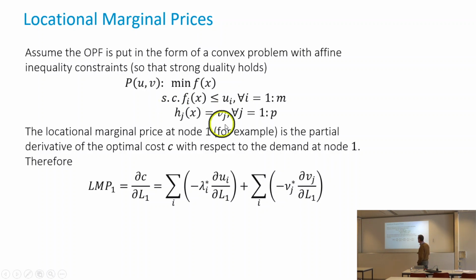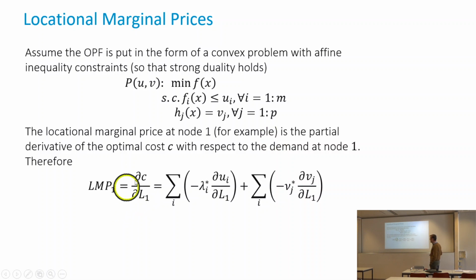First, we linearize the problem to make everything affine, typically, so that strong duality holds. And now we ask the question, what is the marginal price, typically the price of generation here? So what is the derivative of the optimal cost of my problem with respect to one of the constraints? For example, with respect to the load at bus number 1.